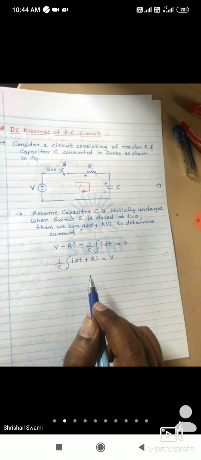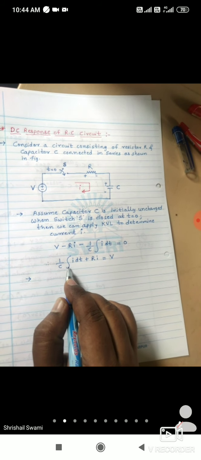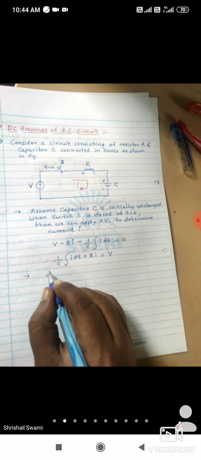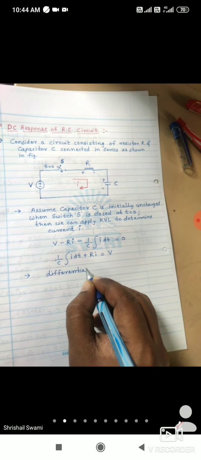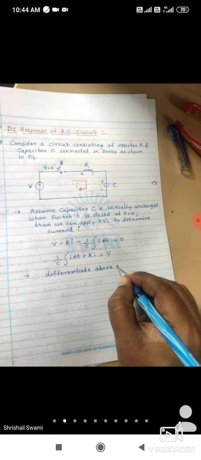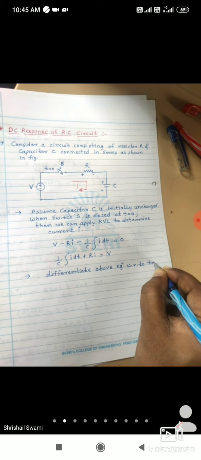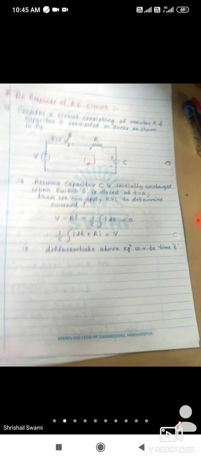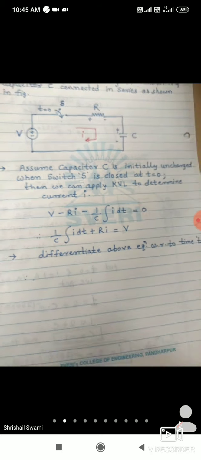So what can I do? To remove the integration, I have to differentiate this equation with respect to time t, that means take the derivative. When we apply differentiation to the above equation, what do we get now?